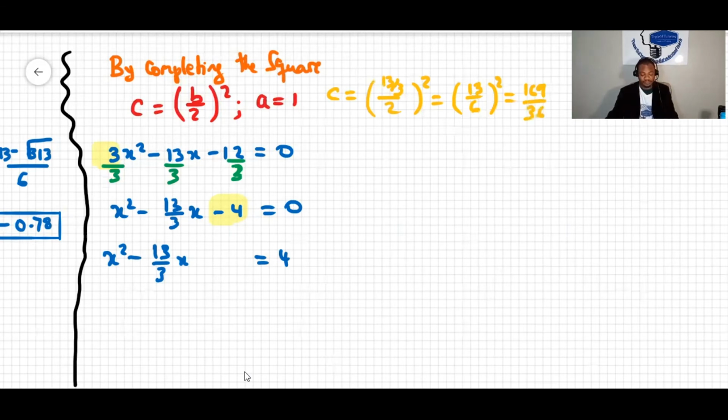If you add (13 over 6) squared on one side, you must add it on the other side to balance the equation. So this is plus 169 over 36.